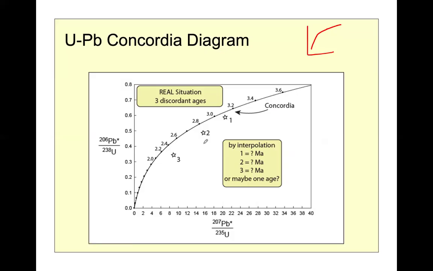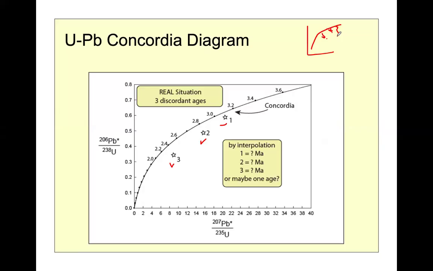But now what you are seeing here, you see your number 3 is here, number 2 is here, and number 1 is here. None of those plot on the curve itself. To some extent, maybe one is very much deviating, the other one may be slightly deviating, right? So this is called the discordance.